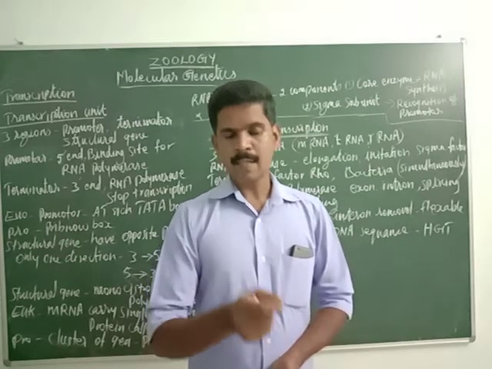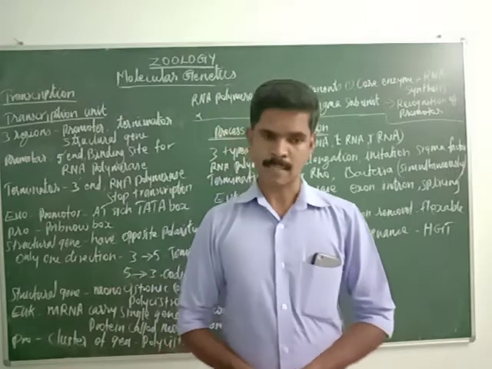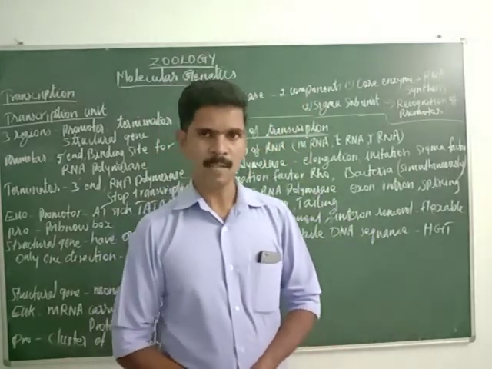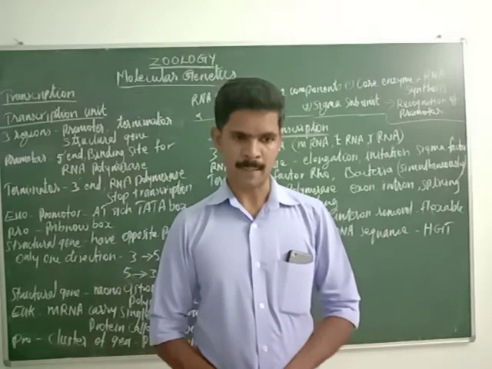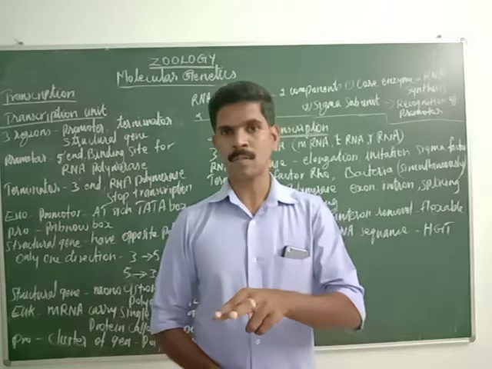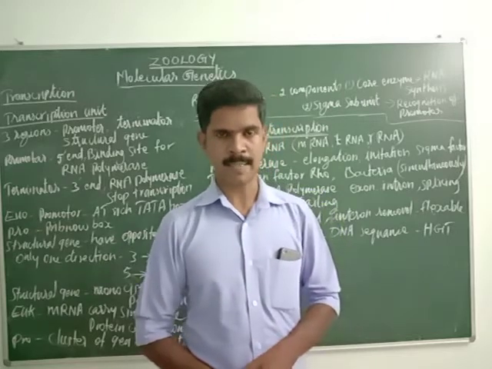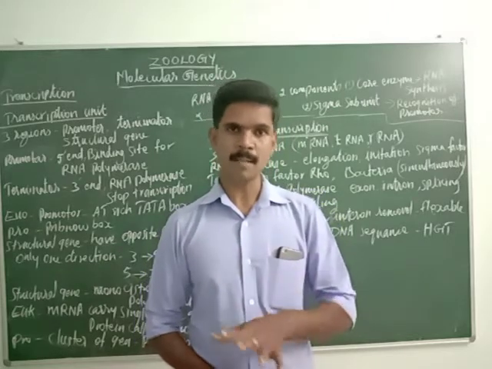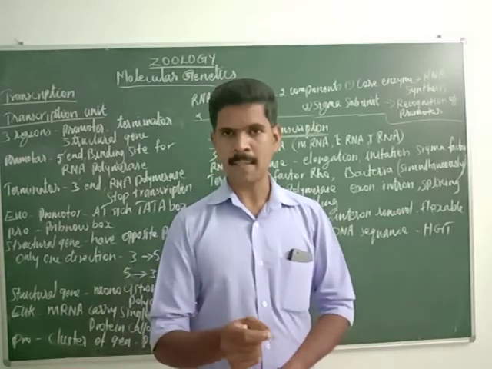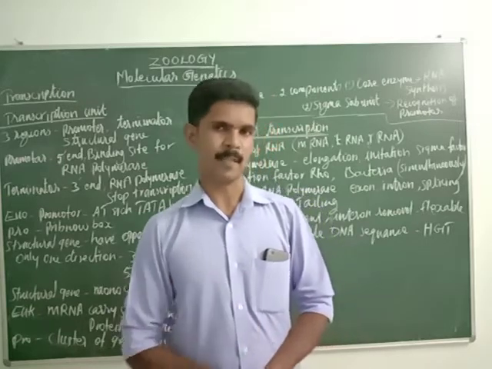The introns are removed by a process. The name of this process is called splicing. Then in hnRNA, two more additional processes take place. The first process is called capping and the second process is called tailing.